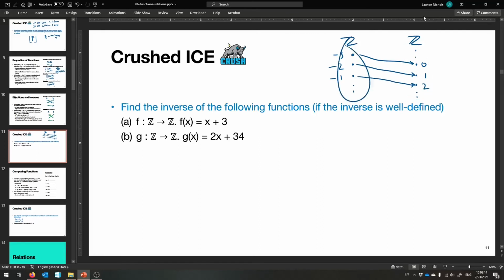It's never doubling up. That's impossible. And also, it's going to hit everybody, because you can always just go a bit farther back and find somebody that's going to map over here. Yeah? So that's totally invertible.